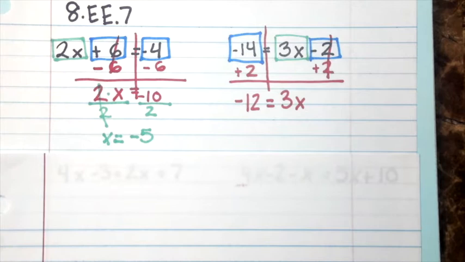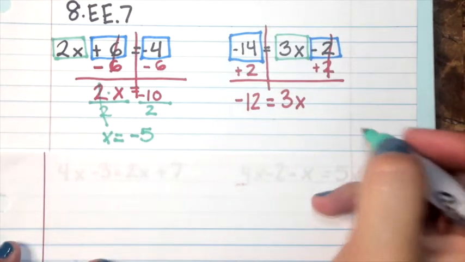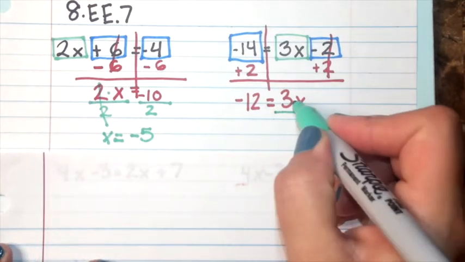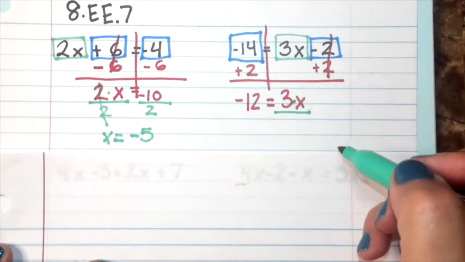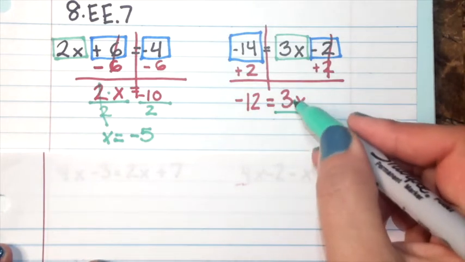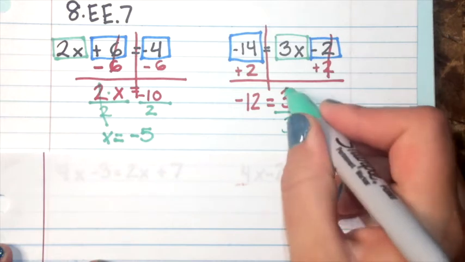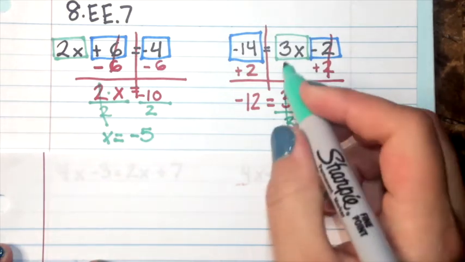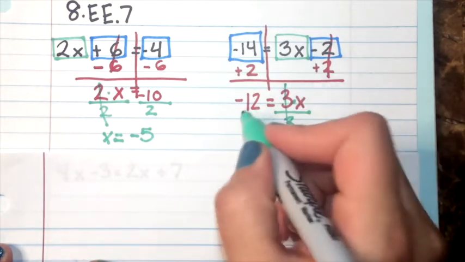All right, so now we got to solve for it. We have 3x is equal to negative 12. Since these are being multiplied, I need to do the opposite of multiply. I need to divide this 3 out to cancel it, to have x by itself.